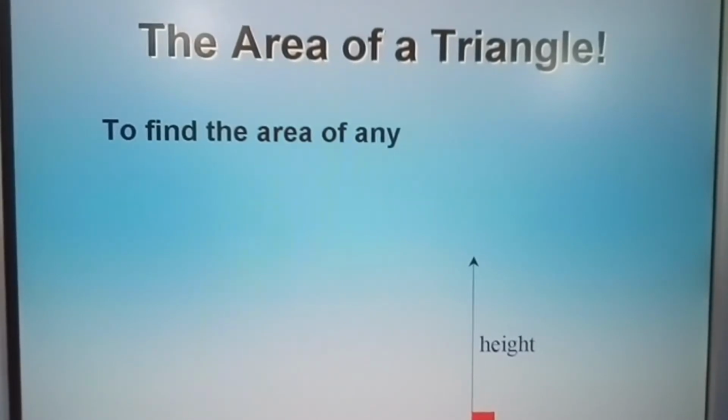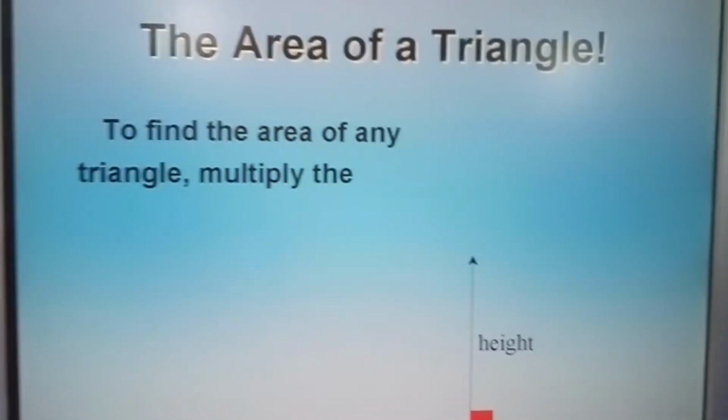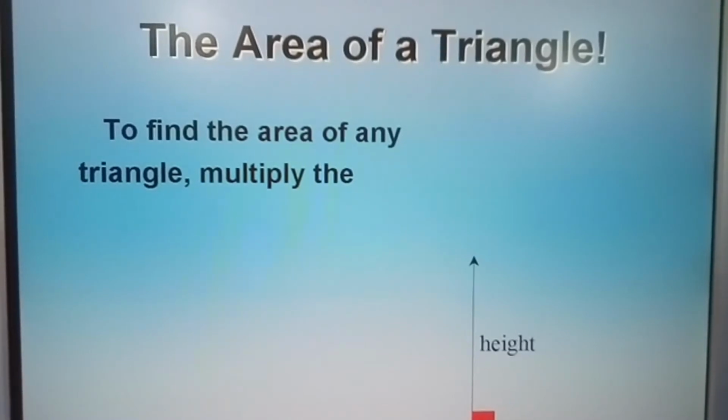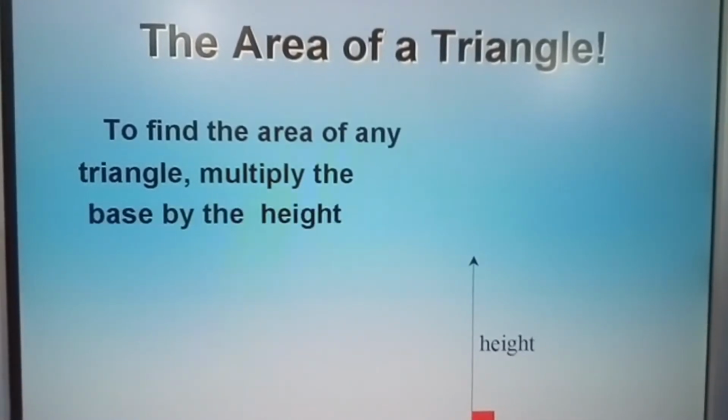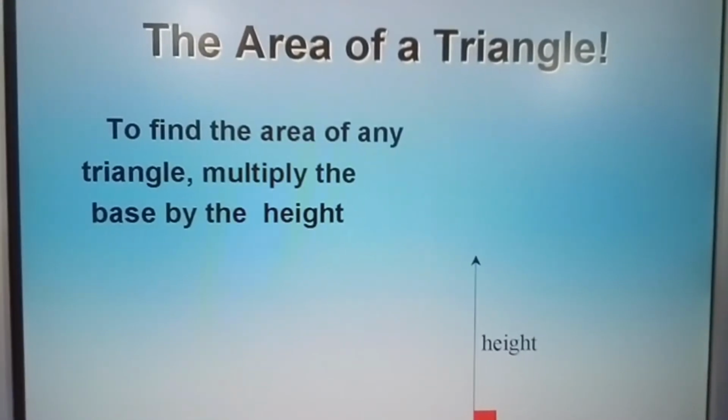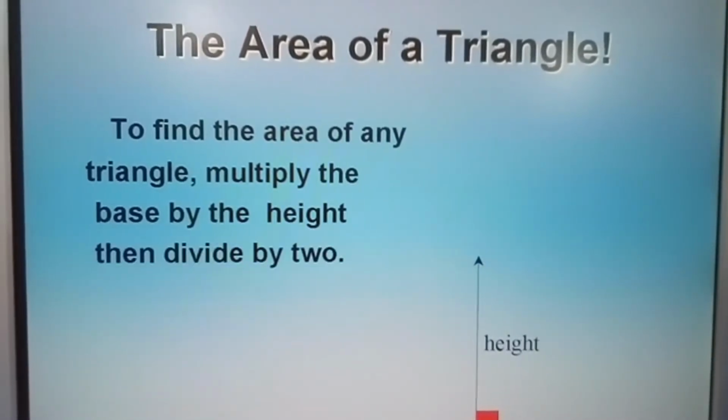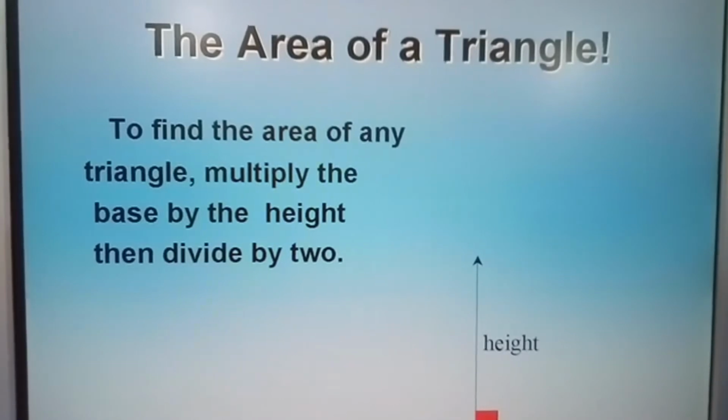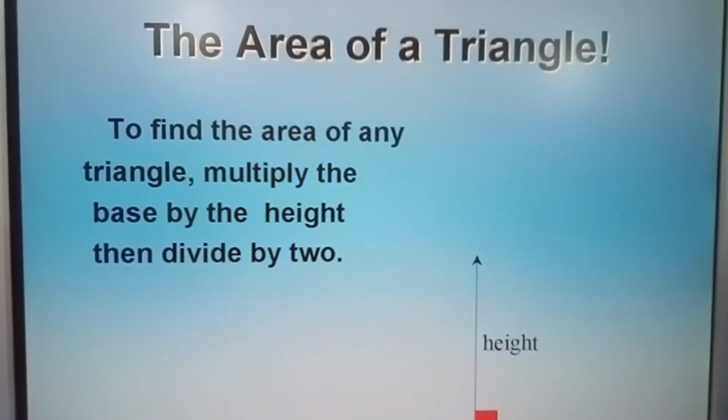To find the area of any triangle, multiply the base by the height, then divide by 2.